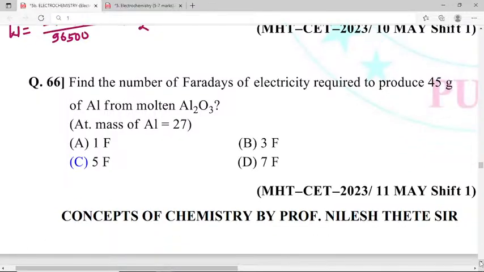Next question: the number of faradays of electricity required to produce 45 gram of aluminium from molten Al2O3.